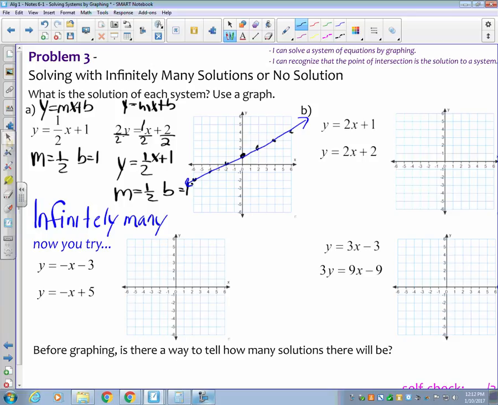So these two equations, if I'm looking at y equals mx plus b, the slope for my first one is 2 over 1. And the y-intercept is 1. And then for my second one, the slope is once again 2 over 1. And my y-intercept is 2. When we go to graph those, we should be pretty good at graphing these by now. 2 over 1, and then follow that same pattern.